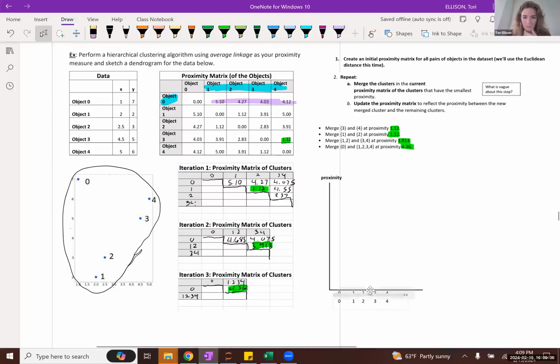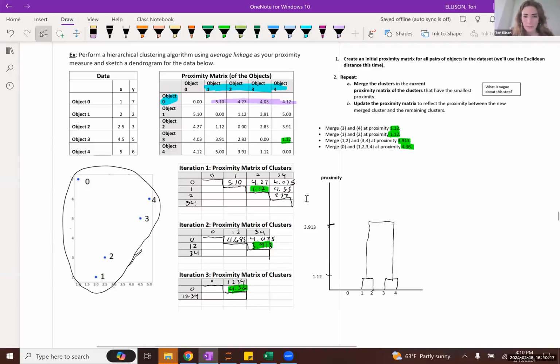Okay. And so again, 3 and 4 merge together at a proximity of 1.12. And so do 1 and 2. And then 1, 2, 3, 4 are going to merge at a proximity of 3.913. All right.